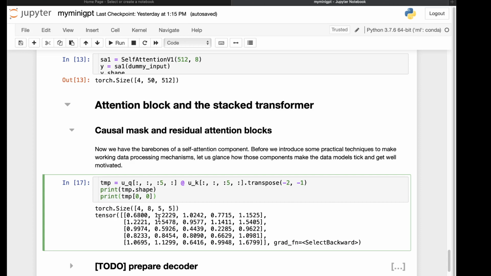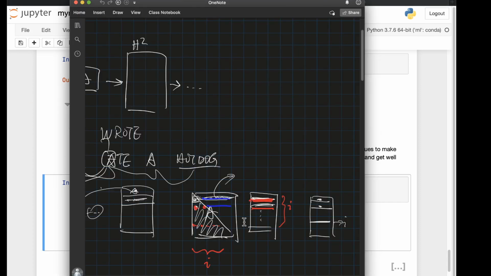To do this, we first scale the scores according to the length of the feature vectors, which makes sense if you think about each of the attention weights computed here.